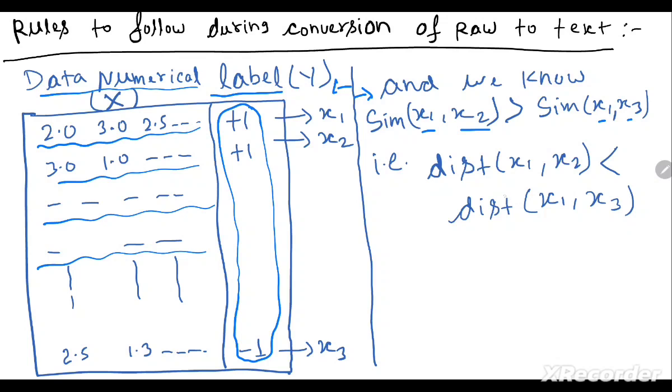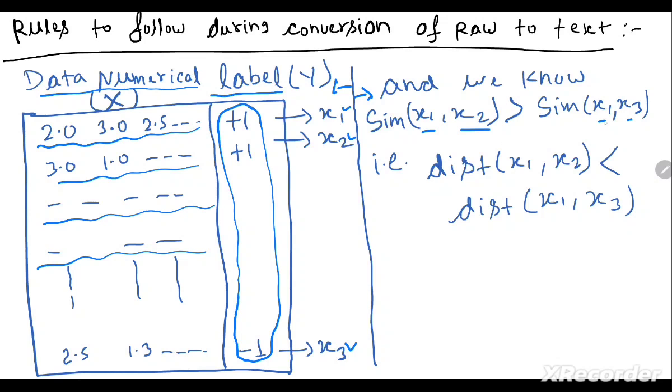If we consider this one x1, then this is x2, and this is x3. We know that x1 and x2 are similar data points, like both belong to plus one, and x1 comma x3 are dissimilar data points, because they belong to different classes.